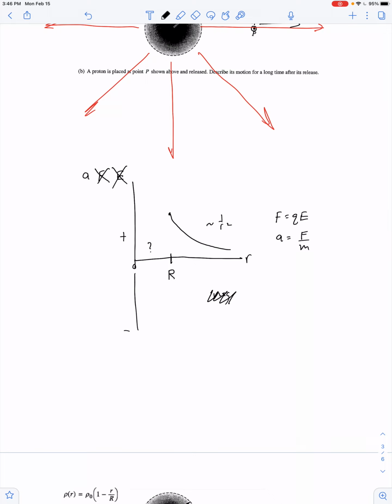So as long as you have a positive acceleration, that means the speed is forever increasing, but in a decreasing manner. So our graph of velocity versus distance.